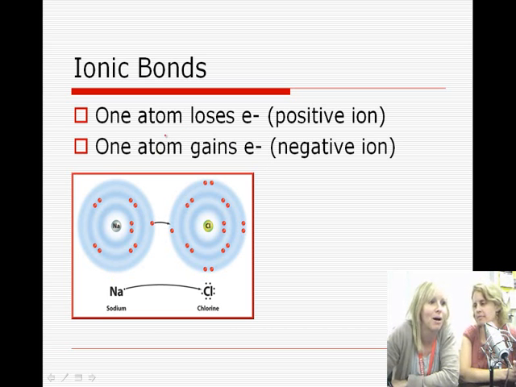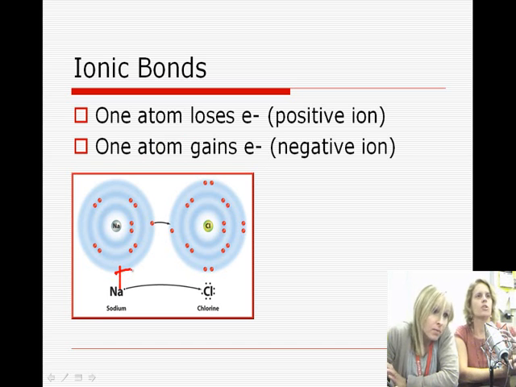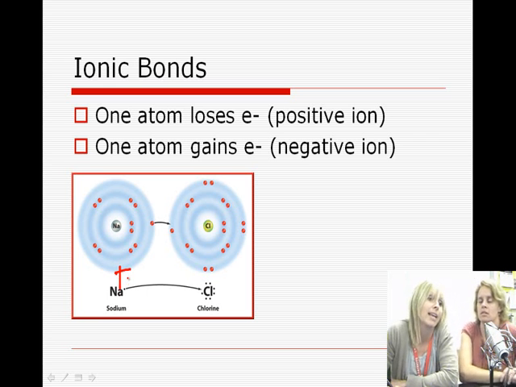Remember that the atom that loses its electron is now going to be a positive charge, which sounds really weird. It seems like if we're losing, we're subtracting, but don't think of it that way. It's positive now because it has more protons than it does electrons, because it lost that negative charge.